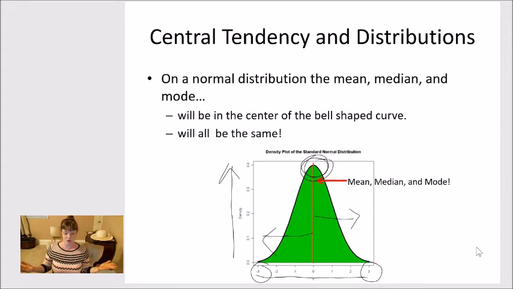On a normal distribution, the mean, median, and mode are all in the dead center. And in fact, they're all exactly the same. You can eyeball it. The same number of people are going to be above and below this peak because the average here is at 0. Not only is the average at 0, but the median will be at 0 and the mode will be at 0.